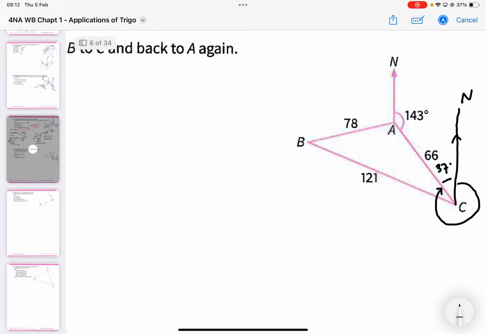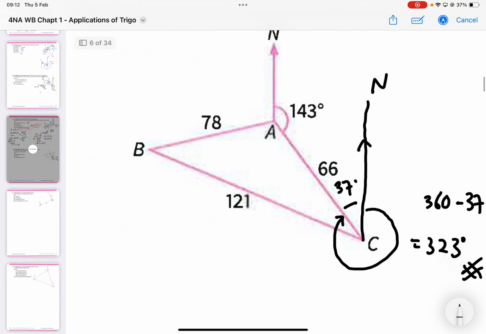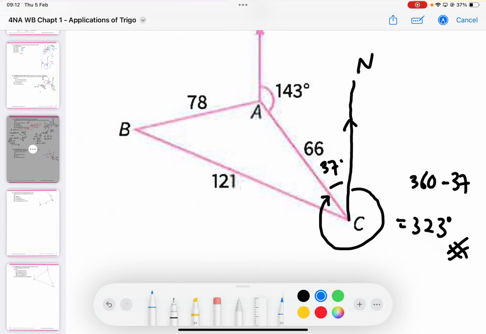Then we look at the next question. Angle BAC. Angle BAC is here. The angles that I know are here, here, here.